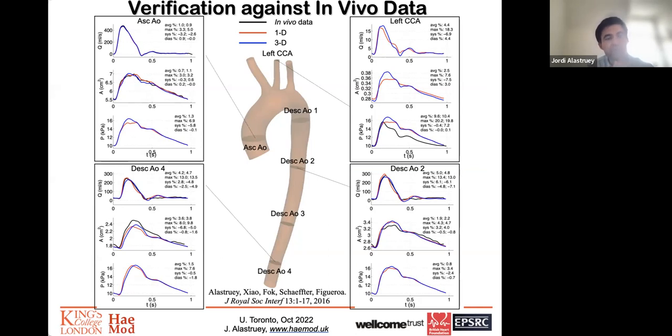So I have shown you several verifications of 1D modeling against experimental, in vivo, and 3D model data that have given us, but also other research groups, confidence in using 1D modeling to simulate pressure, flow, and area pulse wave signals, and then study clinically relevant problems.